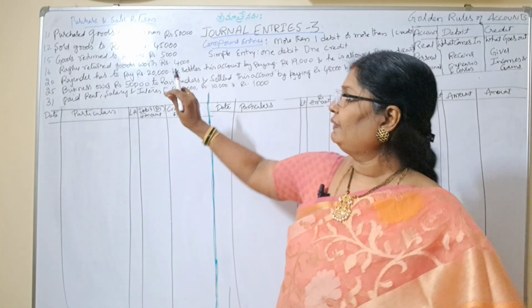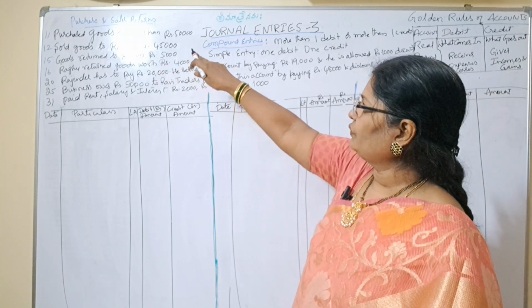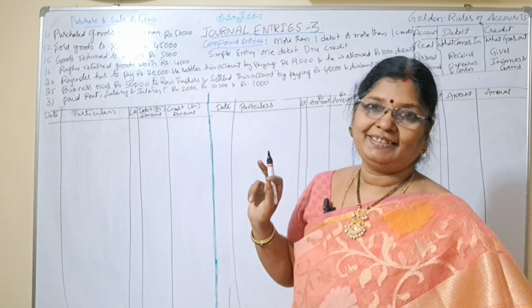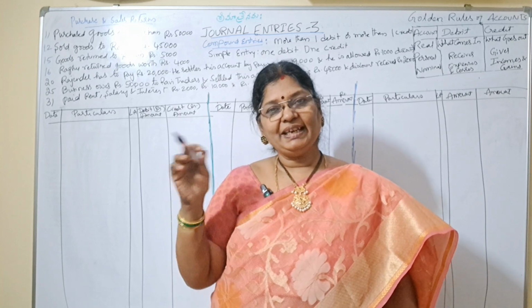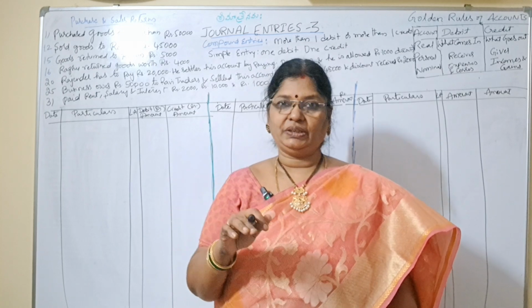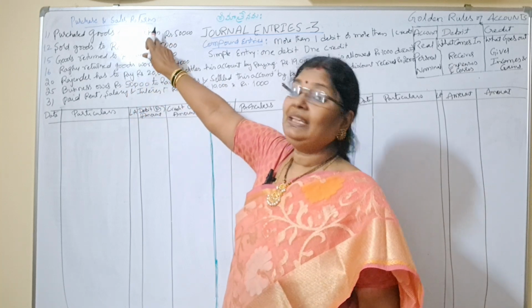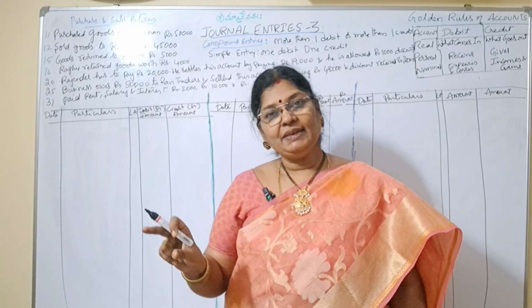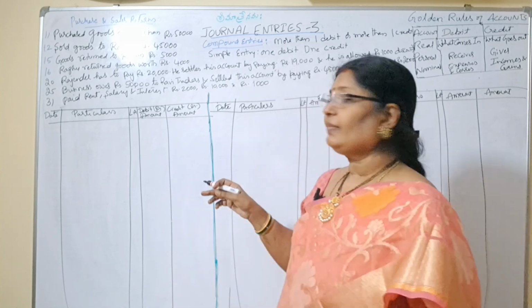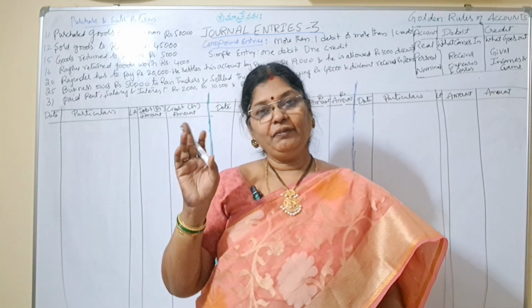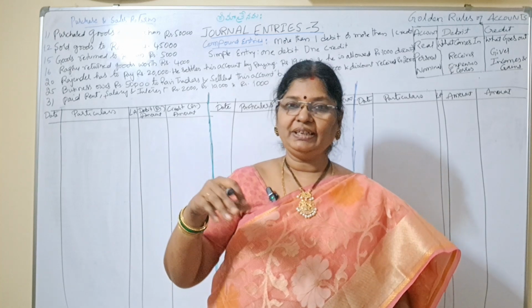Now we'll see the first transaction. On 11th January, purchased goods from Rohan, rupees 50,000. What is the entry when we are purchasing? Purchase account debit to cash account. But here the word cash is not used, but a name is given. When a name is given, you have to understand that it is a credit transaction. If purchases are made by giving cash, we write purchase account debit to cash account.